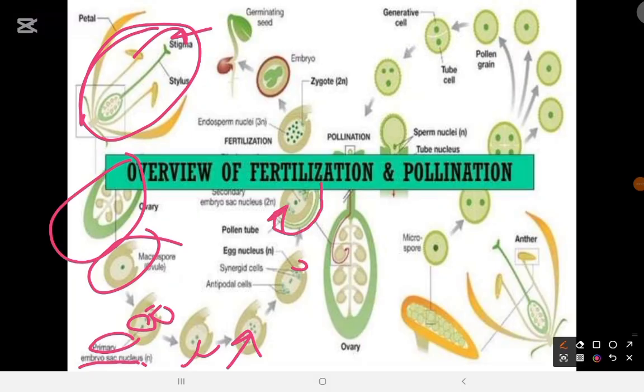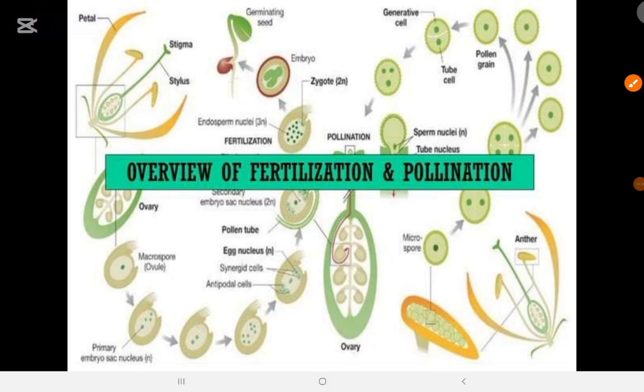And of course, fertilization will now occur by the pollen tube first protruding into this place. Once the pollen tube enters this place, this portion which is called the micropyle, then what happens next is that the tube nucleus disappears, and the two cells that the generative cell divided into are going to fertilize.